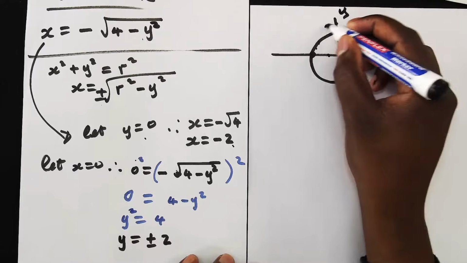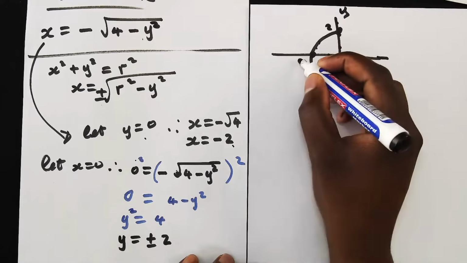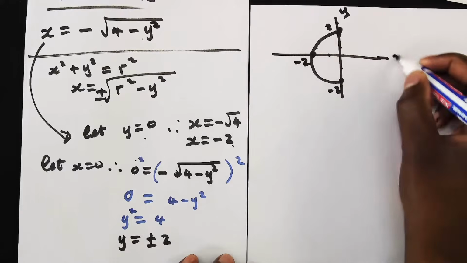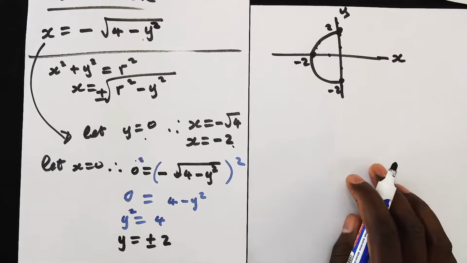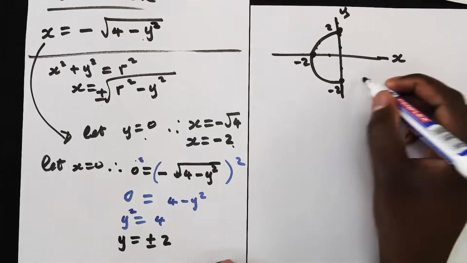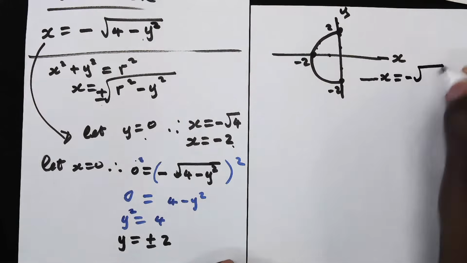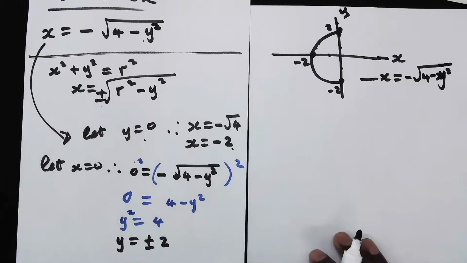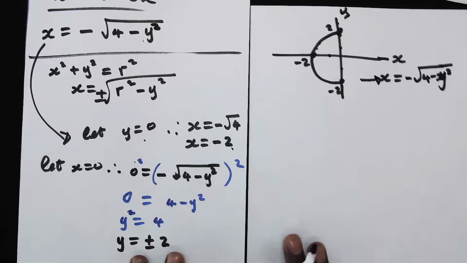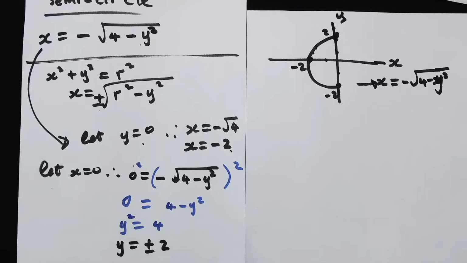We put our 2, -2, -2, and we have our x-axis and y-axis, with the function x squared plus y squared equals 4. So we can answer those questions now.